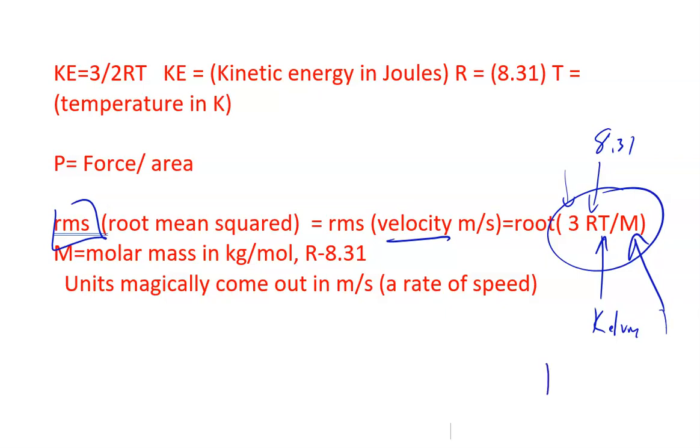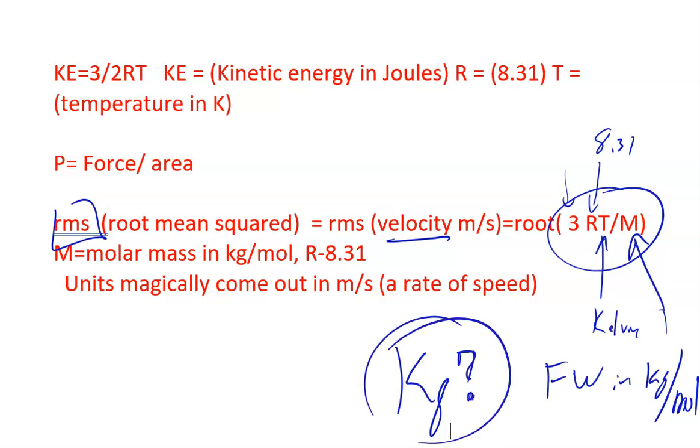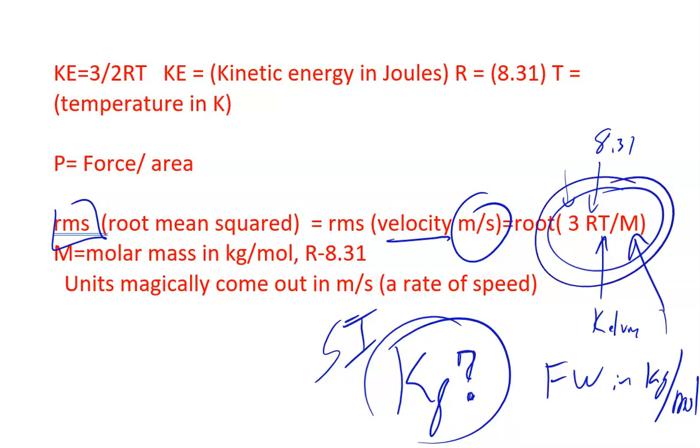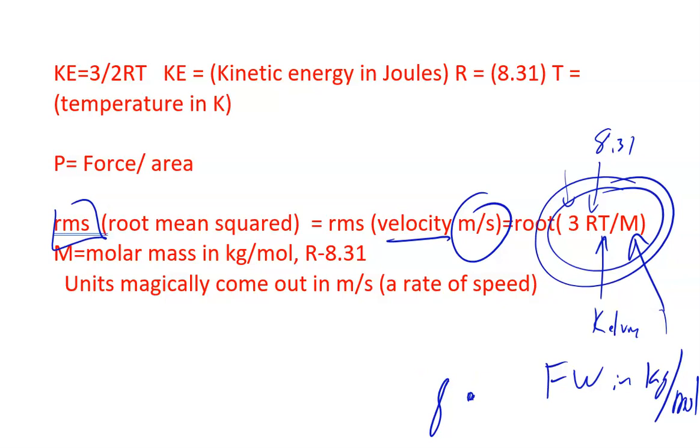This is going to be formula weight in kilograms per mole. Why kilograms? Anyone? Anyone? Bueller? Anyone? Two words: SI. It makes the math work. We can derive this and see how you end up with velocity, which is meters per second, because these units will all cancel out. Again, that's a lot for something we're not doing this year.